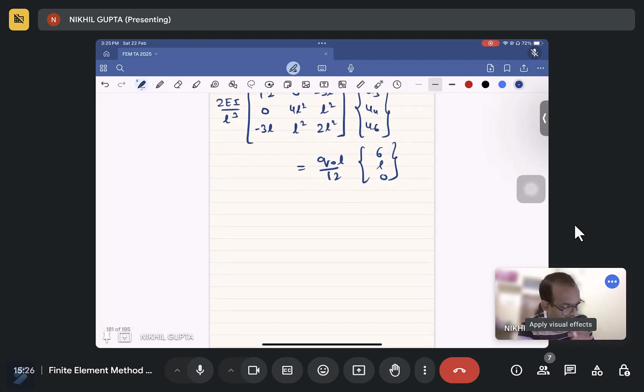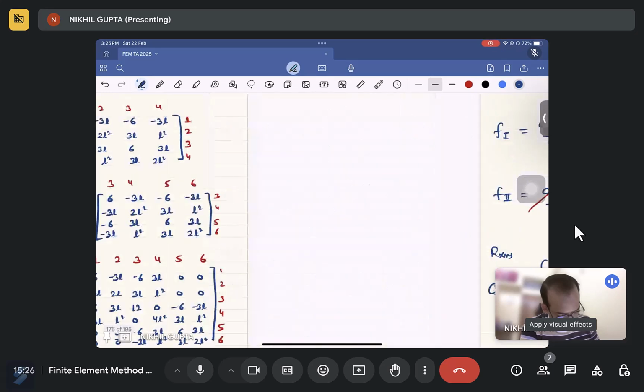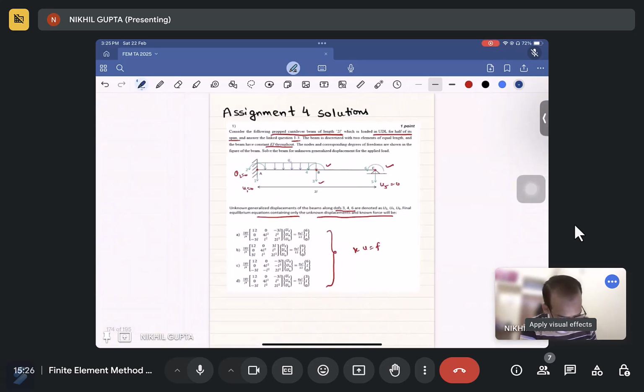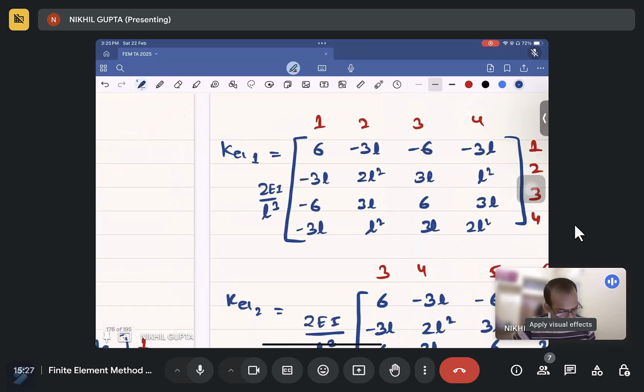Now you see the question, what are the options which are given. They are asking for the reduced stiffness matrix only. So if you compare the first one, it is 6L, 0, Q0 L by 12.